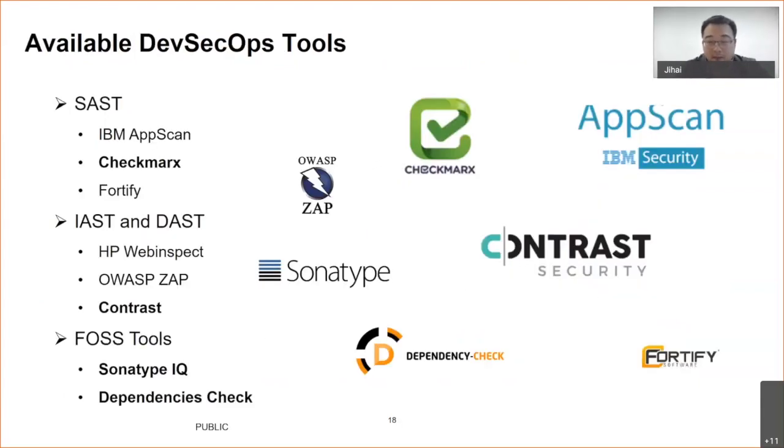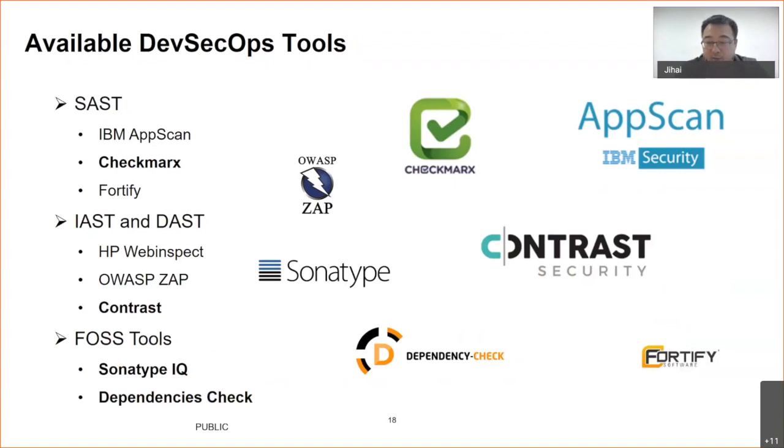Here you can see some popular products on the market. For SAST, there are Checkmarx and Fortify, which are very popular so far. For DAST and IAST, you can find Contrast Security, and there's an open source tool called OWASP ZAP.